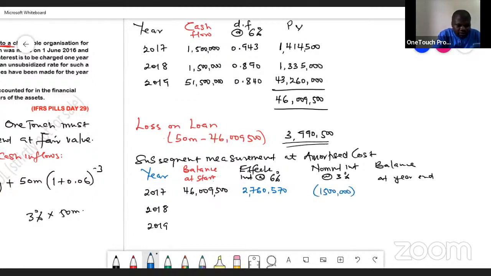So minus 1.5 million. Then we add the 46,009,500. So 47,270,070. So times 0.06.